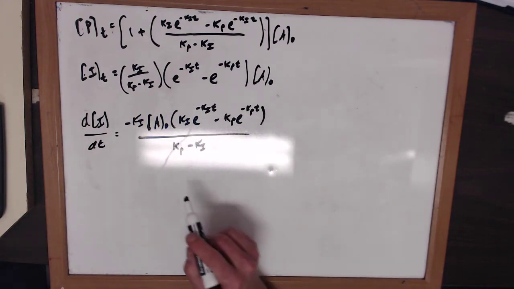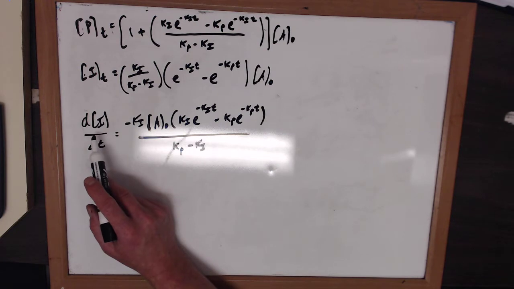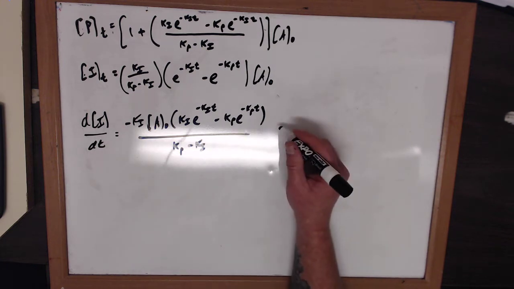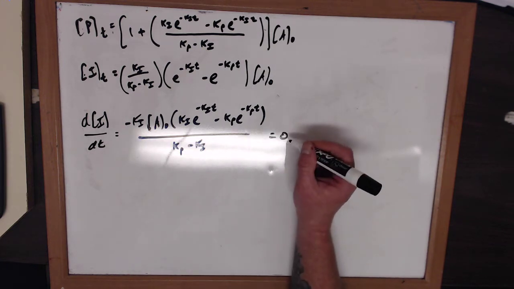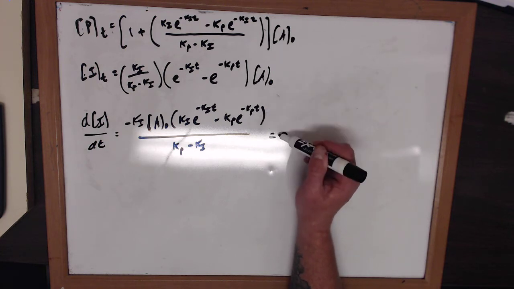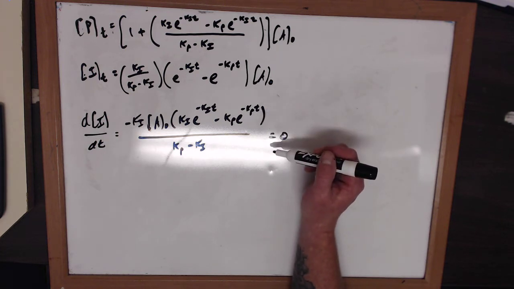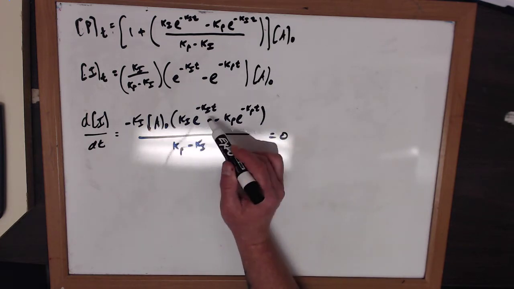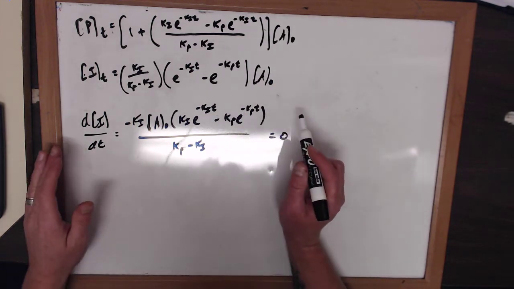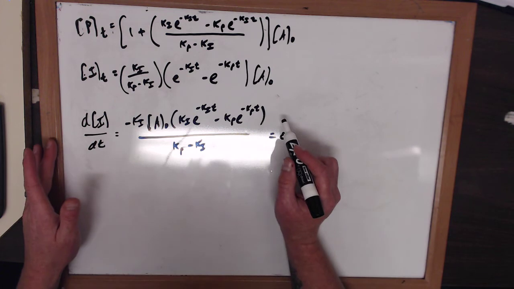And now again, if we wish to see where the intermediate maxes out, then we have an expression for the first derivative of I. And now we know that if we set that equal to 0 and solve for where t satisfies this equation, then we'll see the maximum where the intermediate is at a maximum. Okay, and if we examine this a little bit further, we might see there's a pretty easy way to make this all equal to 0.